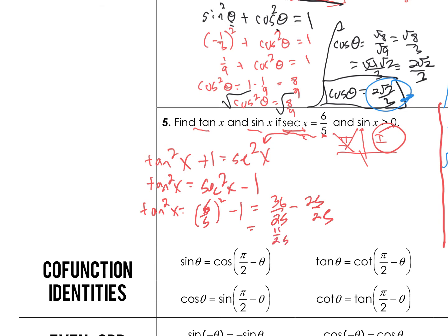That would be tangent squared of x. Square root both sides to get rid of the squaring, and I get tangent of x. I need the 1 in quadrant 1. Tangent's positive up here, so it's going to be a positive square root of 11 over 5. That's my story that I'm sticking with.